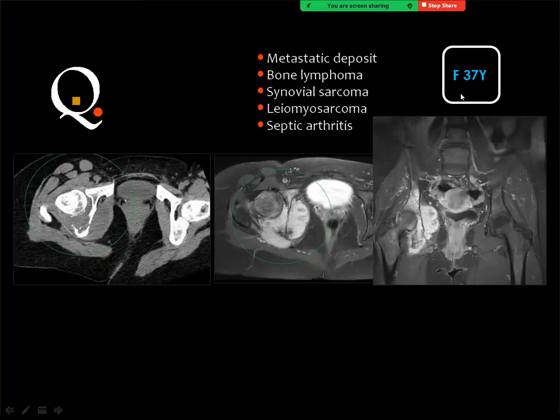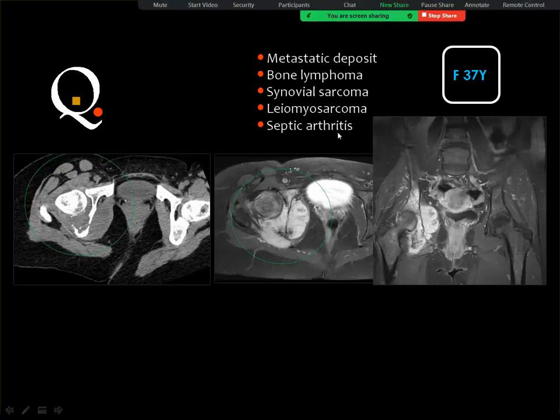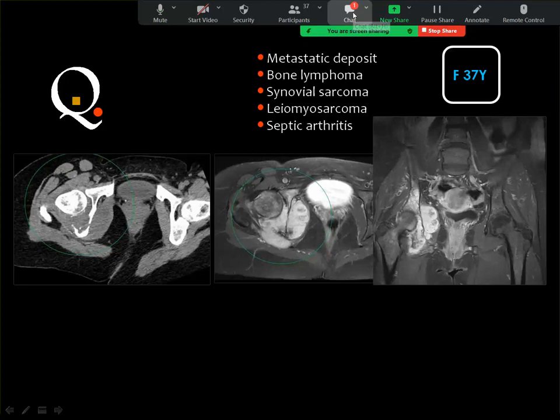Next case is a female patient, 37 years old, with a mass in the region of the right hip joint. And the provided differential diagnosis includes metastasis, lymphoma, synovial sarcoma, leiomyosarcoma, and septic arthritis.